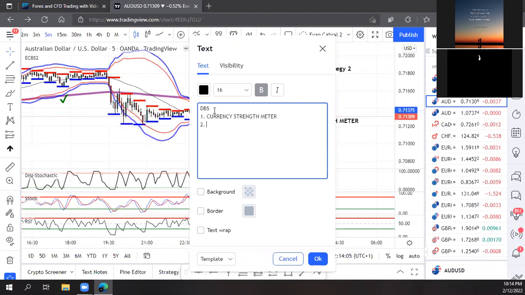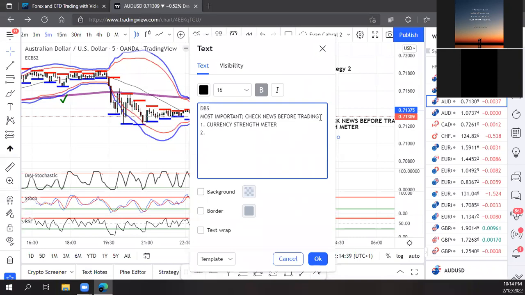Okay, let me put it as most important: check news before trading.